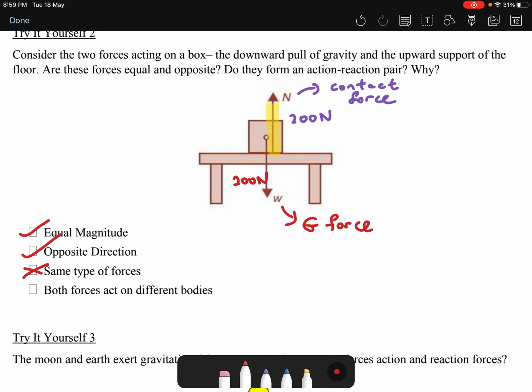The fourth criteria also is not fulfilled, because both forces are acting on the same body. The weight is acting on the box, and the normal contact force is also acting on the box. So we can conclude that W and the normal contact force are not action and reaction.